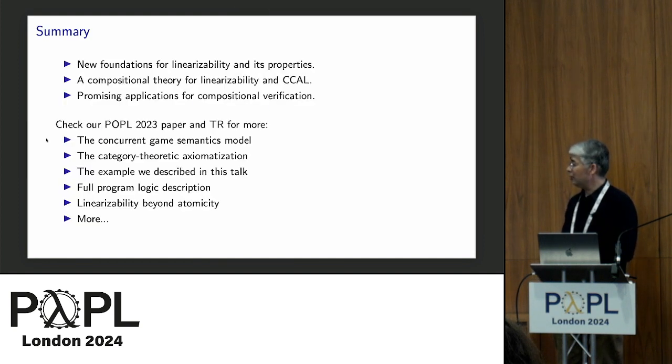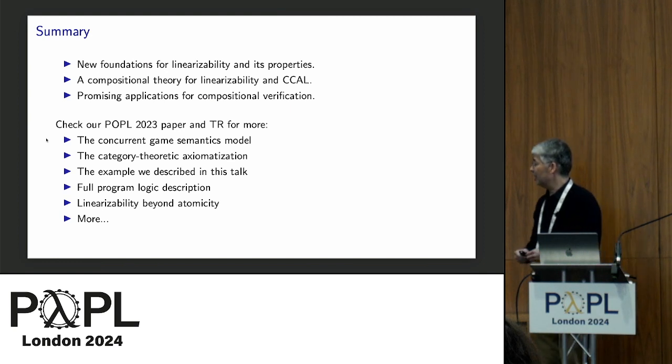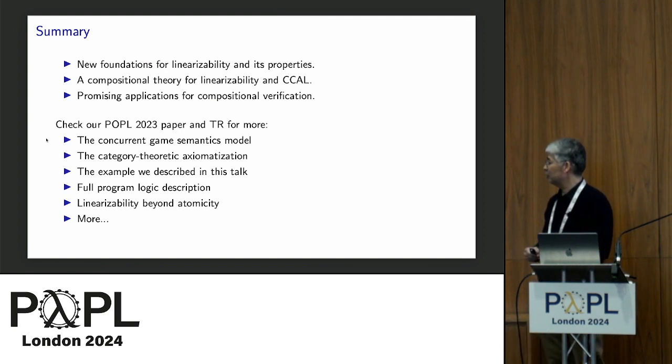In the actual POPL paper last year, we have all these other results, which you are welcome to check out. In particular, it shows we can apply this idea to other kinds of linearizable atomic spec, not just the sequentially atomic, but also something called the interval atomic, which is much more general than the traditional atomic spec.